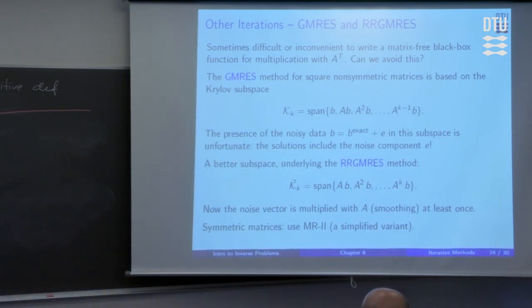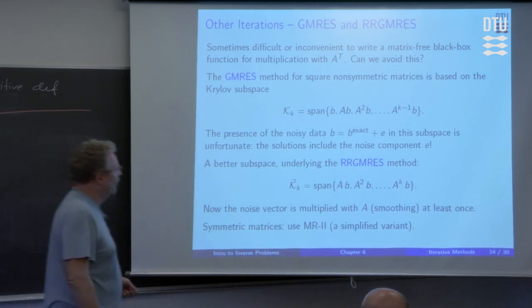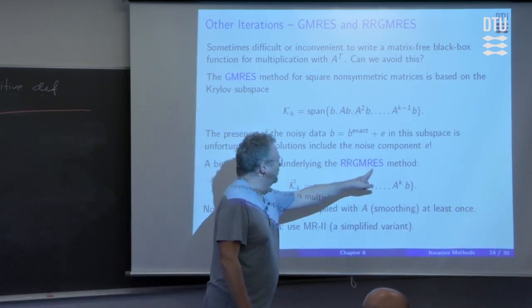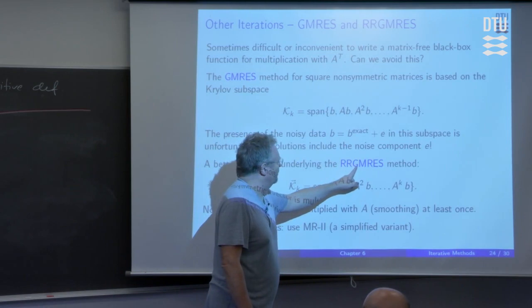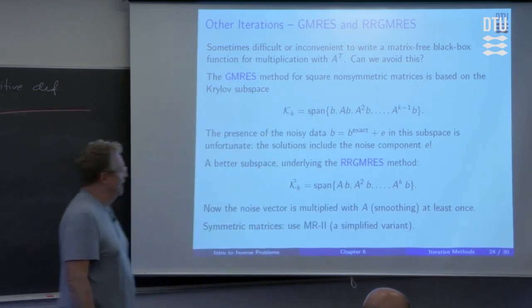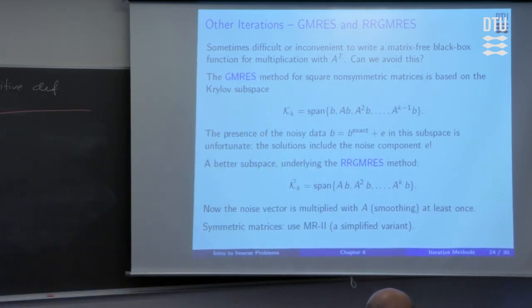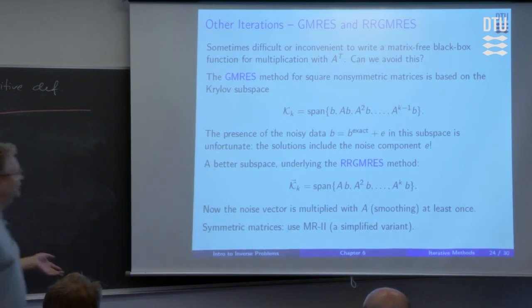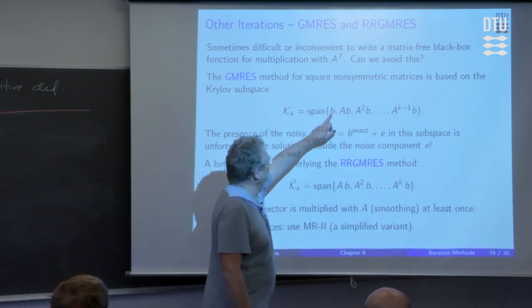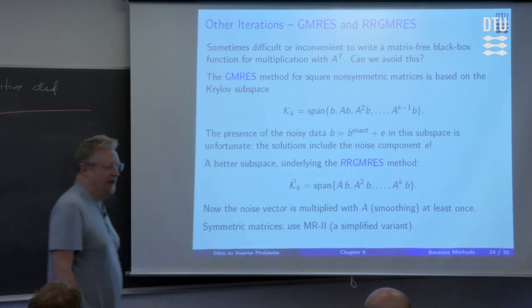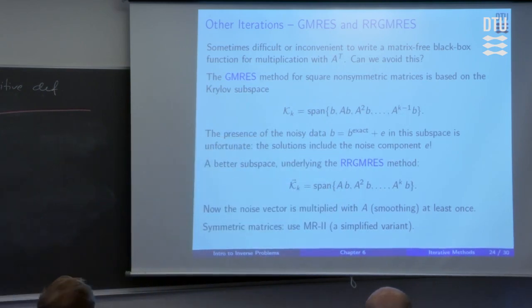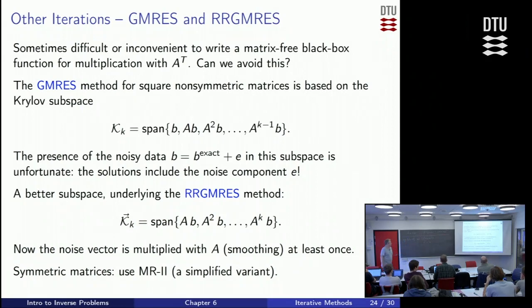So that corresponds to yet another Krylov subspace method called range restricted GMRes. It was designed for rank deficient, inconsistent systems of equations, but actually it also has this nice property that it purges the noisy B from the basis. And in that way you can get rid of some of the noise, and that's actually very nice.